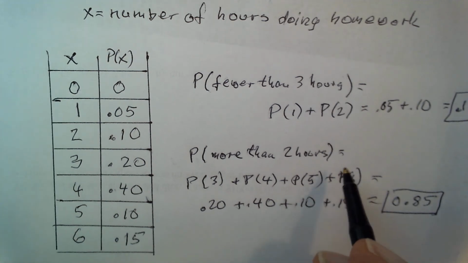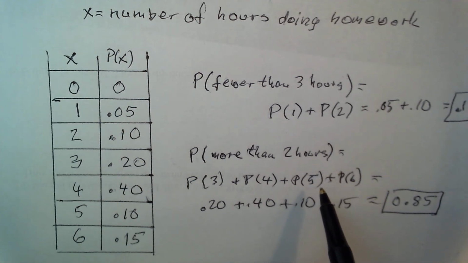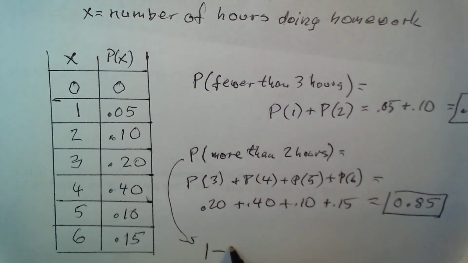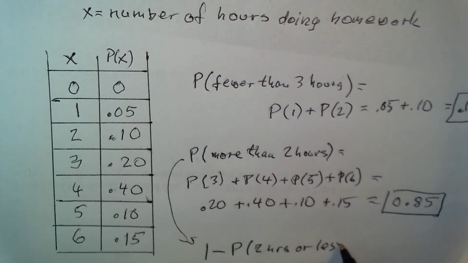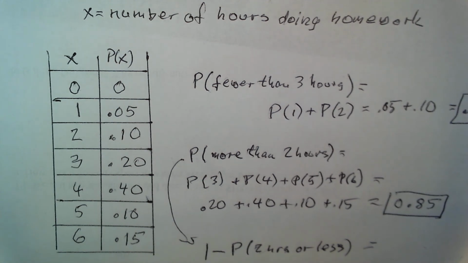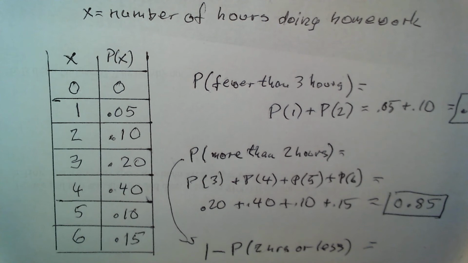Of course, the other way we could have done that is to compute the probability of studying more than 2 hours as equal to 1 minus the probability of studying 2 hours or less. And so that would be equal to 1 minus, well, the probability of 2 hours plus the probability of 1 hour.